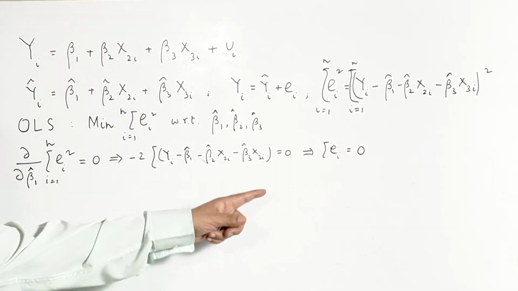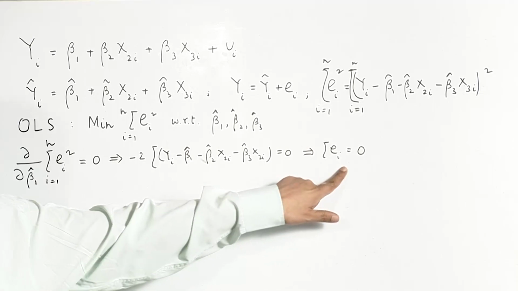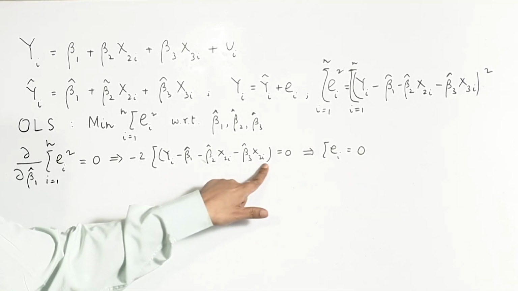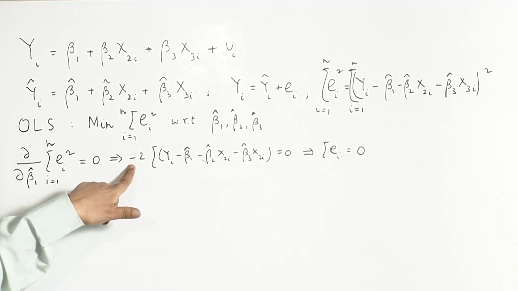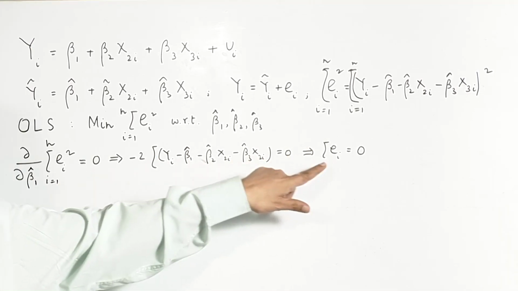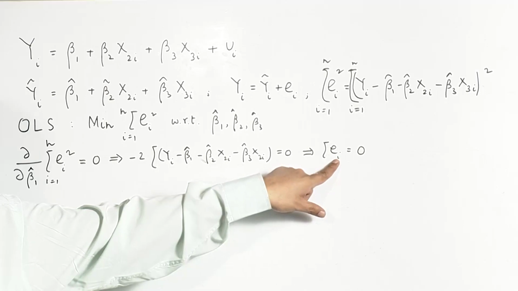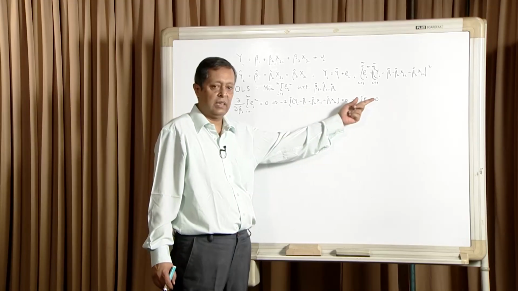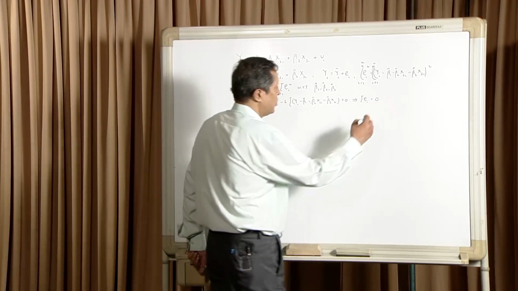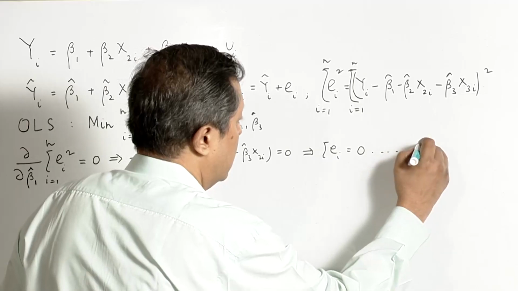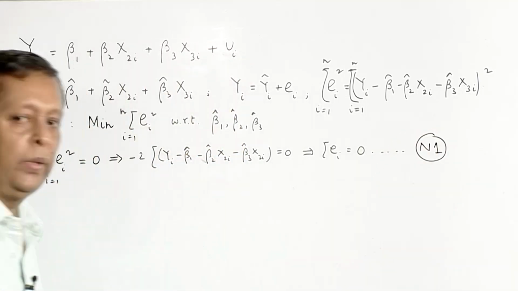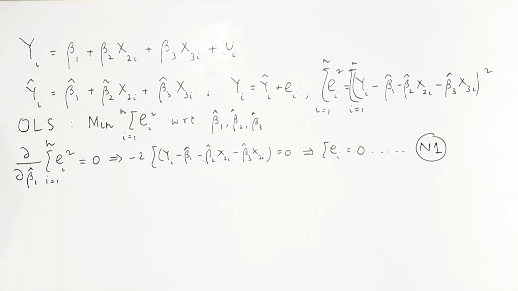That is very important. As already seen, the sum of all the errors is equal to 0. This term in the bracket is e i, and minus 2 times that equal to 0 means summation e i is equal to 0. So, this is called the first normal equation that we denote as N1.